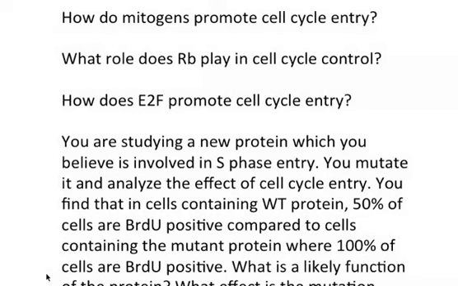What is the likely function of the protein, and what effect is the mutation having? So first you have to think to yourself, what's BrdU? What does that mean? Why don't you guys talk to each other for a minute about this, and we'll reconvene and go over it.